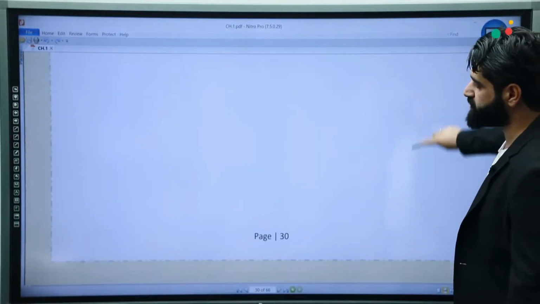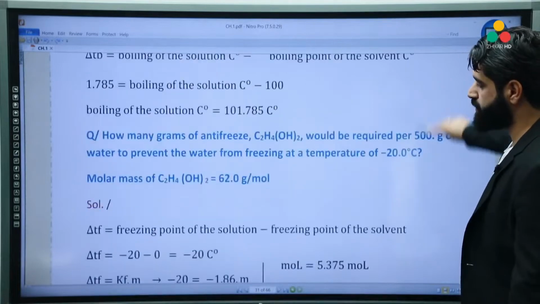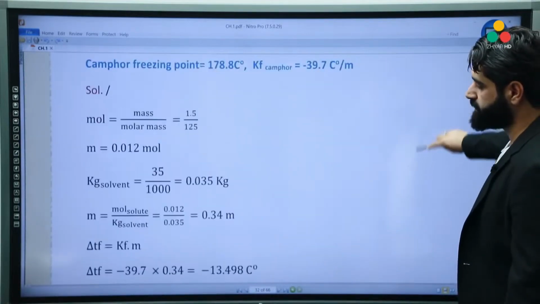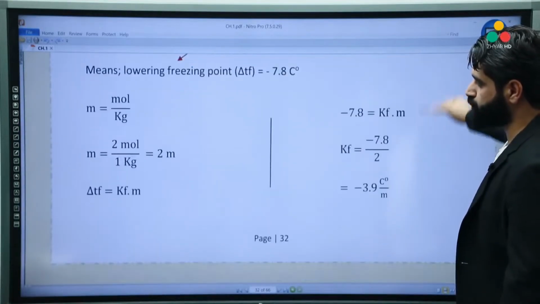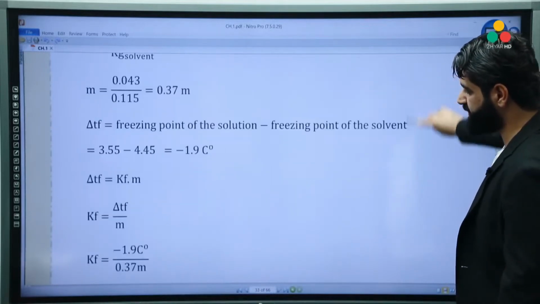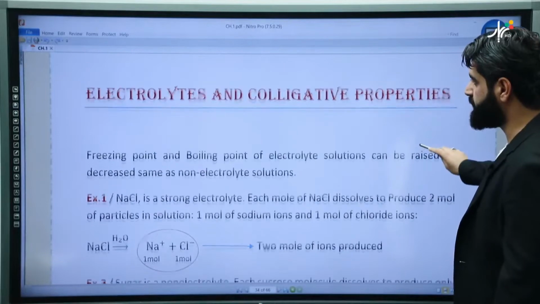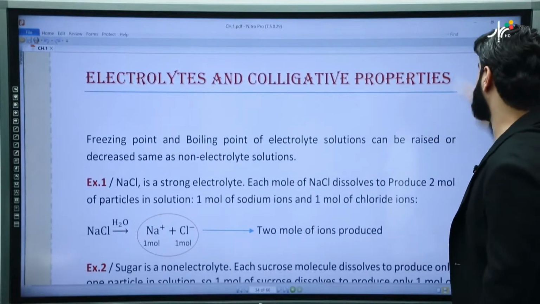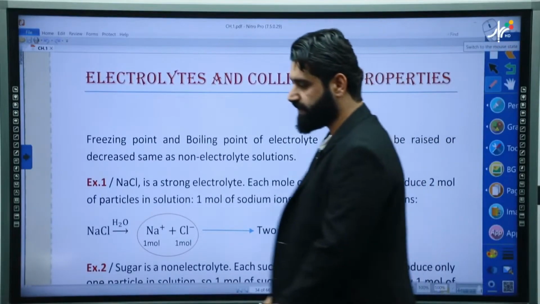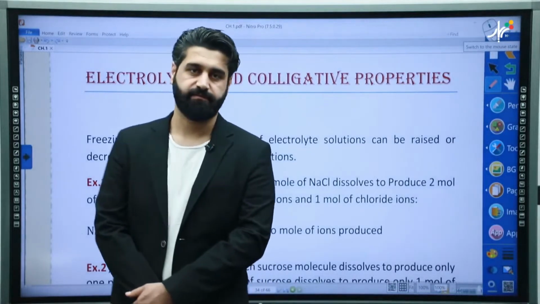So I think we don't need to solve any more questions, and now we are going to study something different, which is called electrolytes and colligative properties. What are electrolytes and colligative properties?